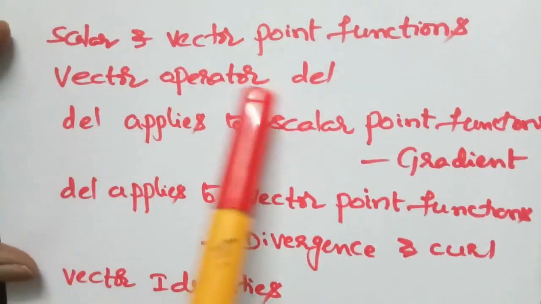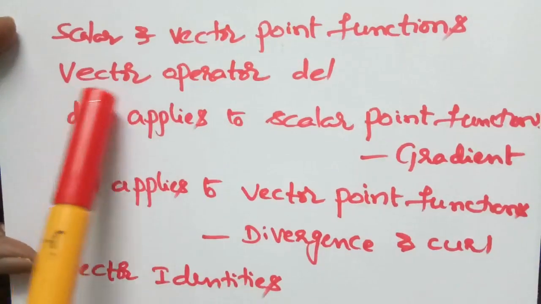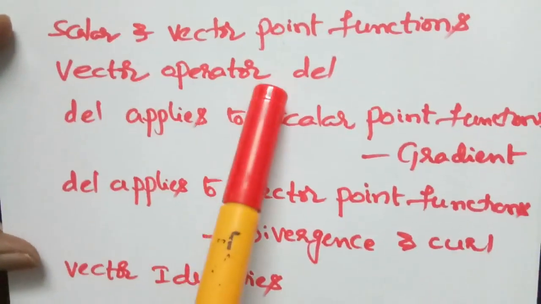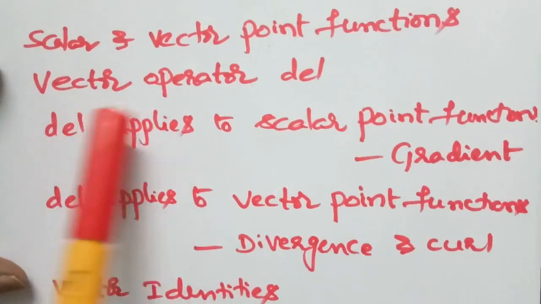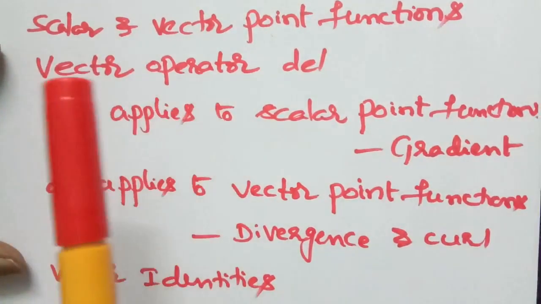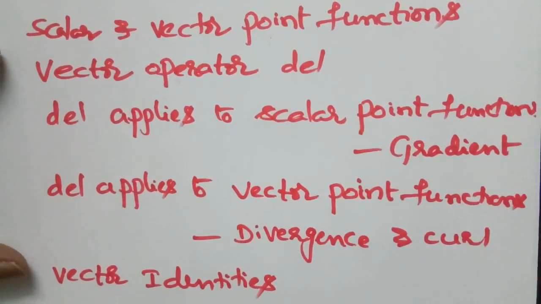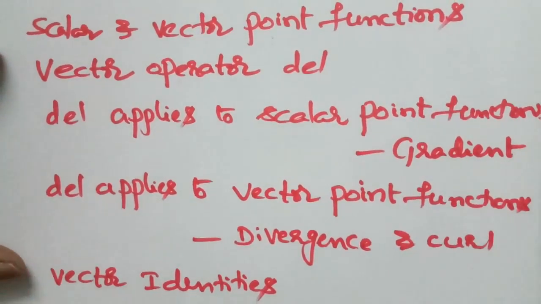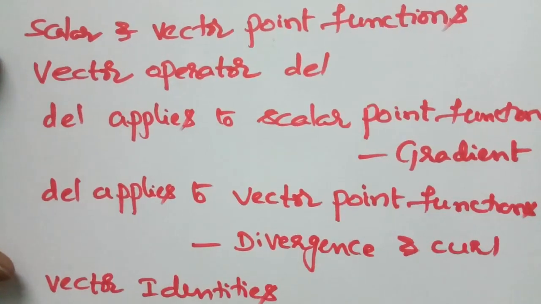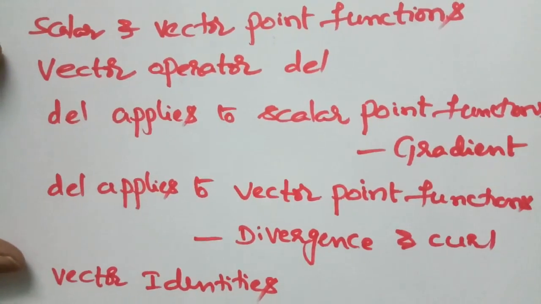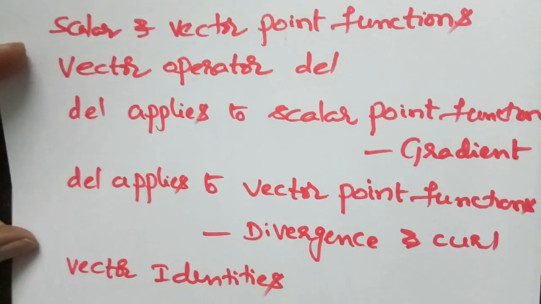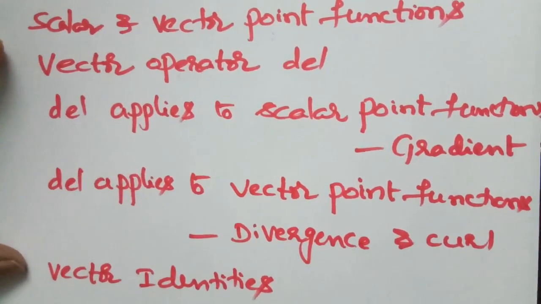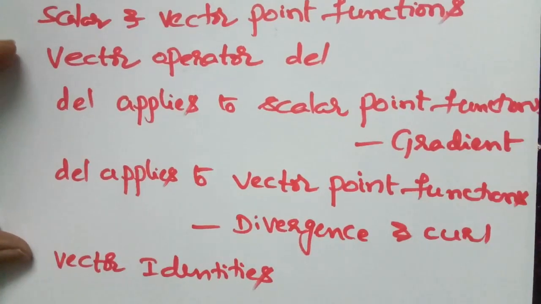Then the vector operator del, that means the vector differential operator. How to differentiate vector valued functions and scalar valued functions? We know the differentiation from intermediate and the first semester. Scalar quantity means we applied differentiation to real valued functions.